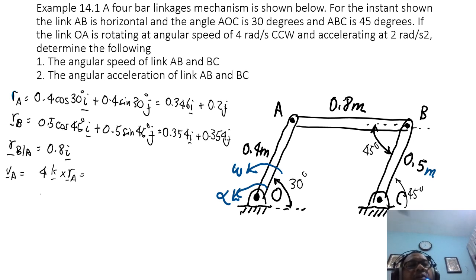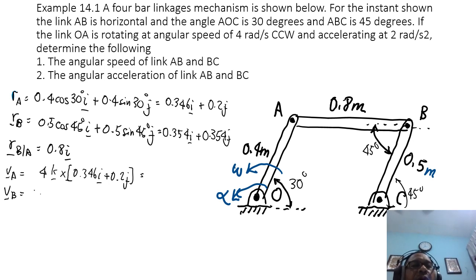And I've calculated position vector A above, so I put the vector there: 0.346 I plus 0.2 J. I can also do that with VB. I don't know what VB is.